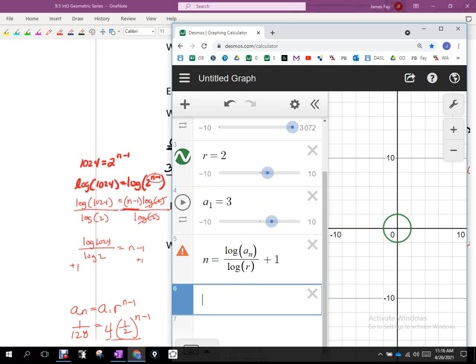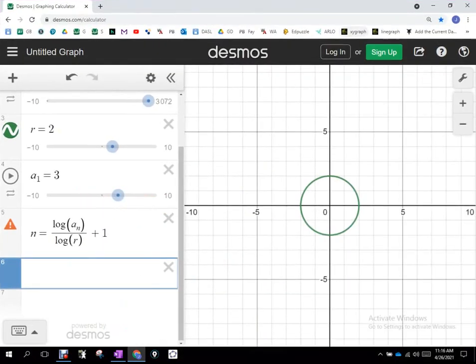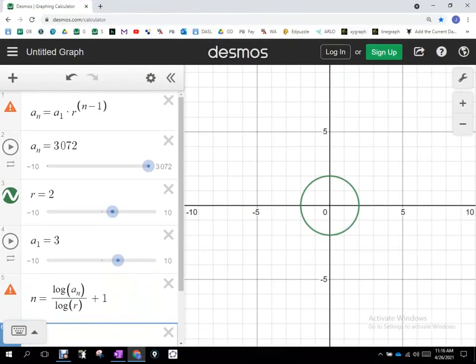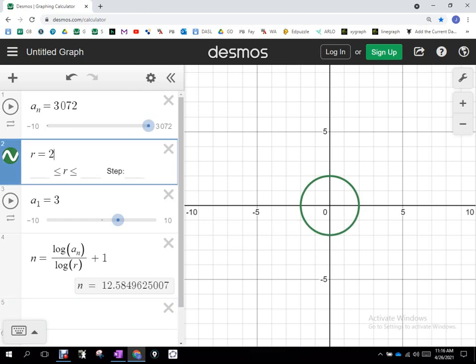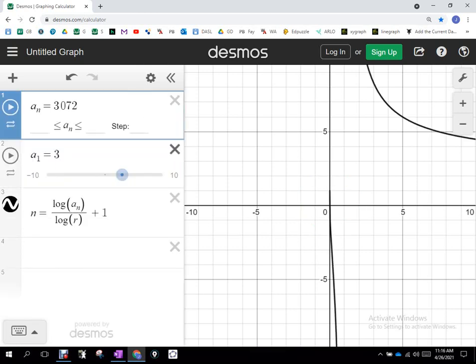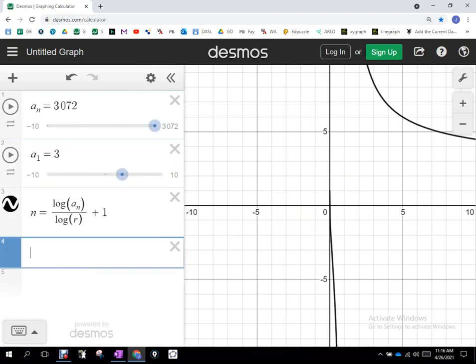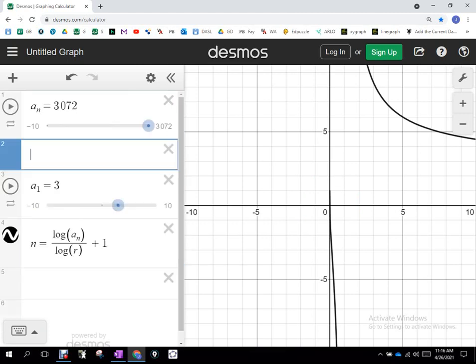Let's see. Now I have to redefine some things here. But this is the formula that I'm looking for. A sub n, so I need to know what my last term is. So we'll keep that 3072. Okay. Now this R is a problem because of what it's doing here. So instead of calling it R, let's call it, let's say D. See if that works.